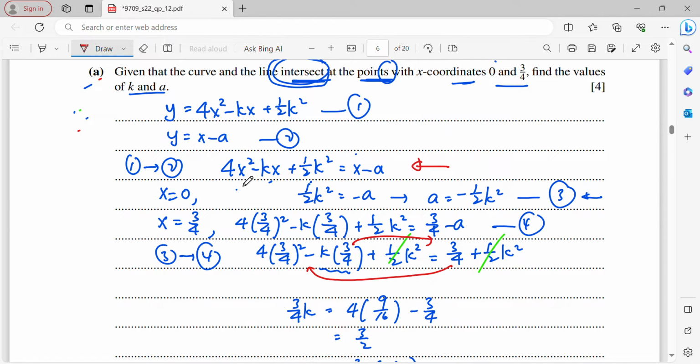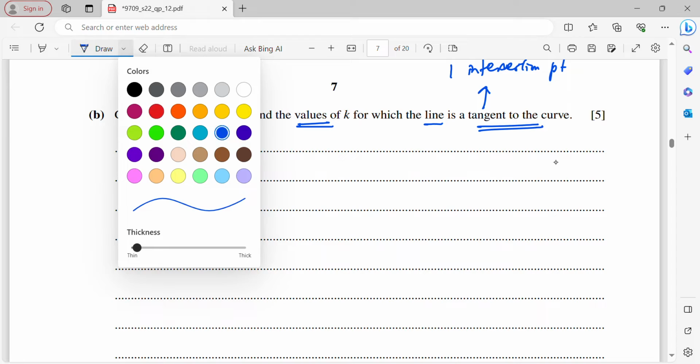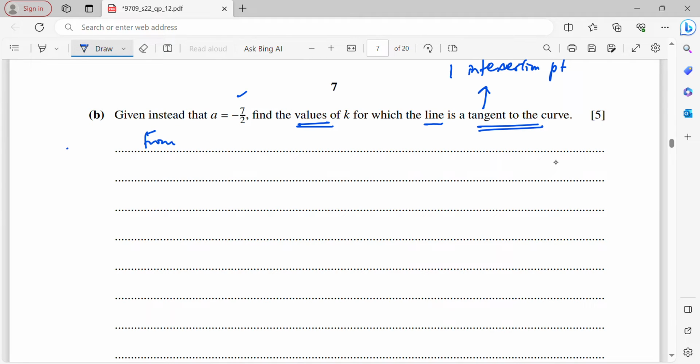So I will write 4x squared minus kx plus half k squared equals x minus a.